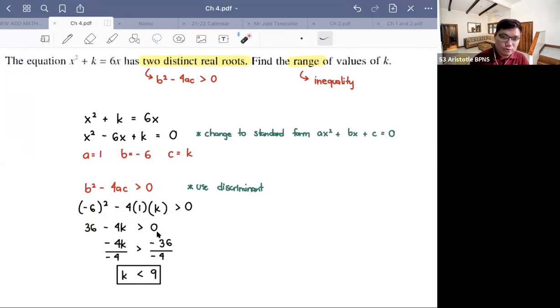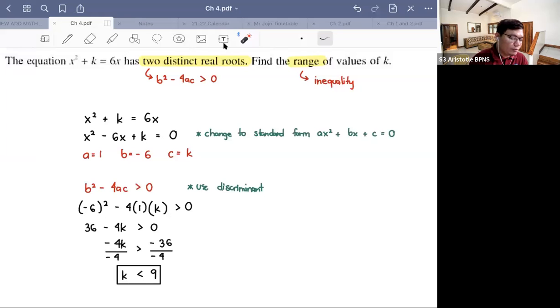If you're after the values of k, of course you transpose it here. It becomes minus 36. Get rid of negative 4. And then k is less than 9. Why do you think k is less than 9? It was greater than before. Now it became less than. What did we do here?